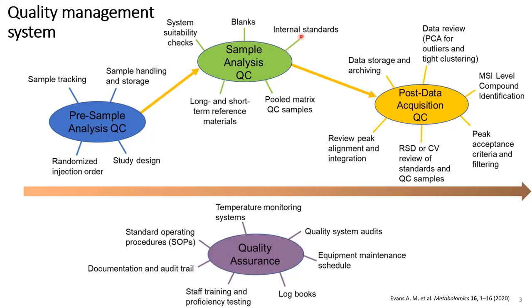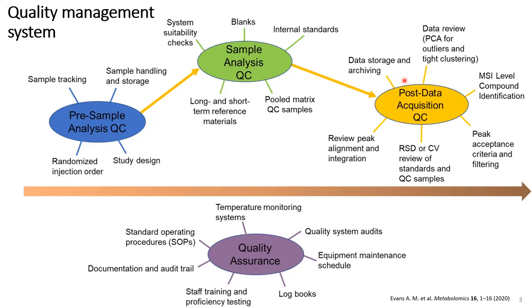Maybe there are some descriptions of internal standards in the study also, or you're adding standards that you want to follow. And then there could be a pooled matrix of QC samples that we will get back to in a few moments. Then after data acquisition, there could be something about data storage and archiving.